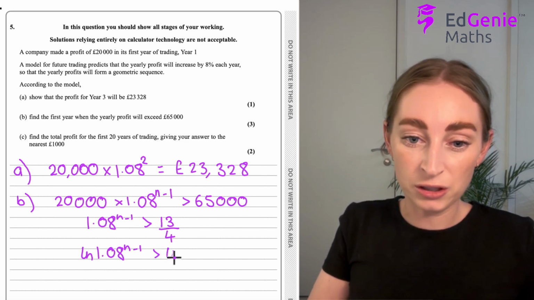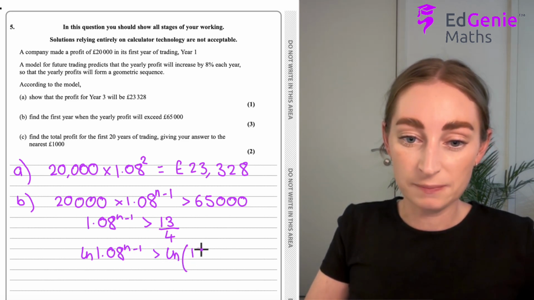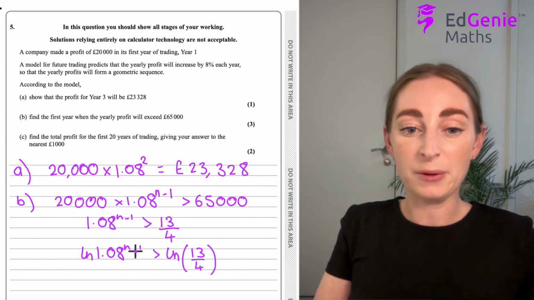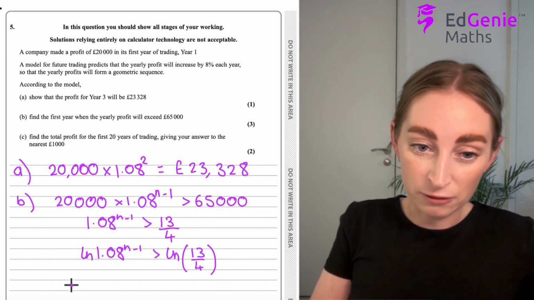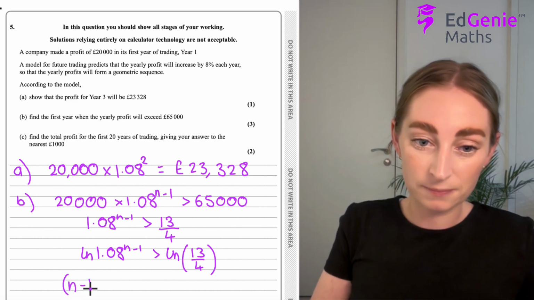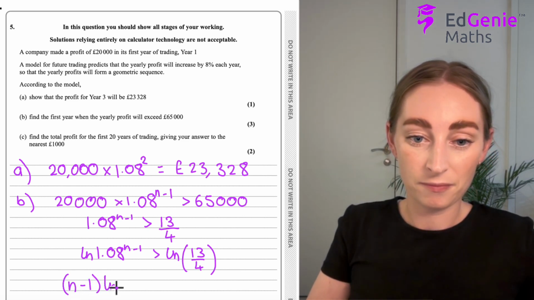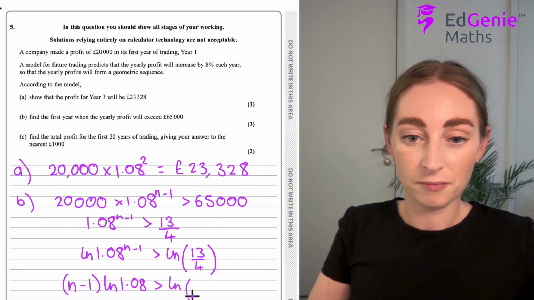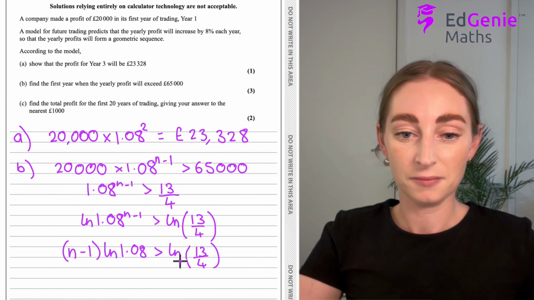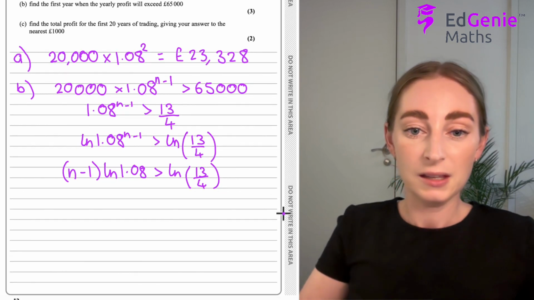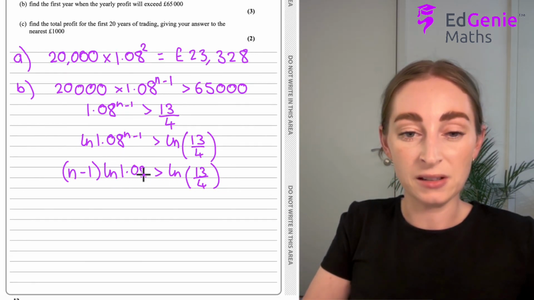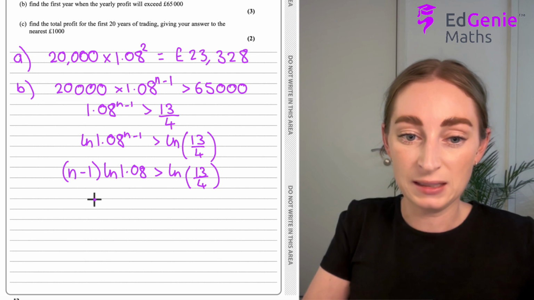Remember, when you take logs, you have to take them off both sides. And when we have a power, that can be rewritten like this. So let's divide both sides by ln 1.08.